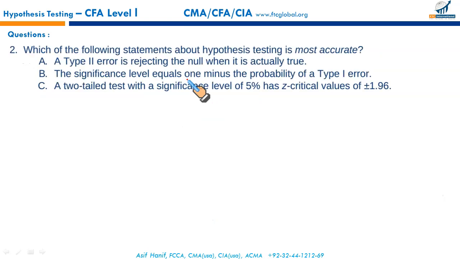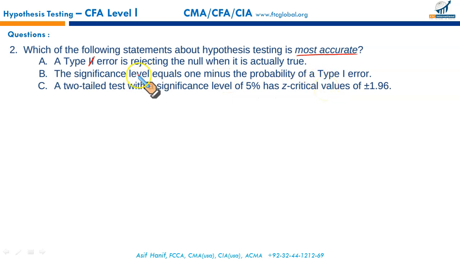Next, which of the following statements about hypothesis testing is most accurate? A type 2 error is rejecting the null when it is actually true. Wrong. That is type 1. That's a type 1, rejecting the null when it is actually true. The significance level equals 1 minus the probability of type 1 error. Wrong.